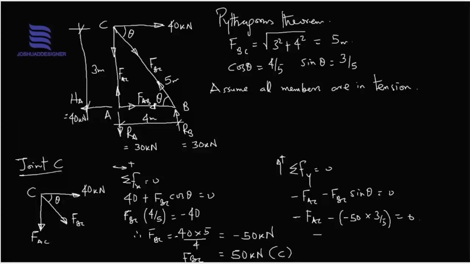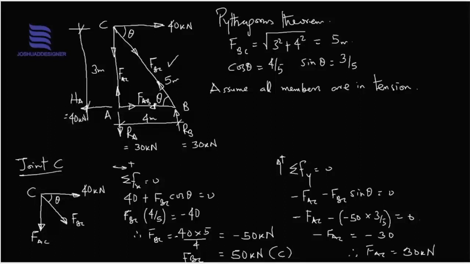So with this we have minus FAC equals to minus 30. Definitely FAC equals to 30 kilonewton.